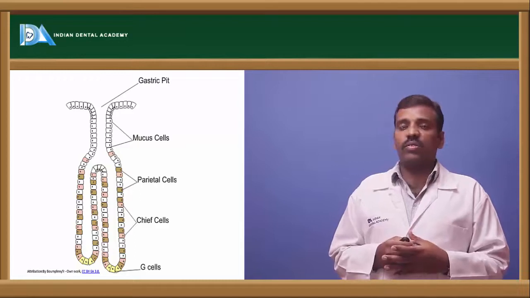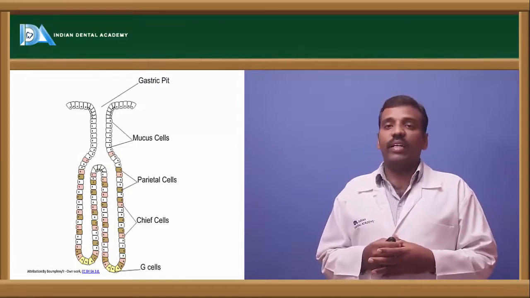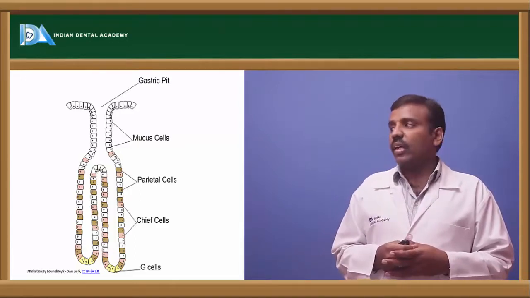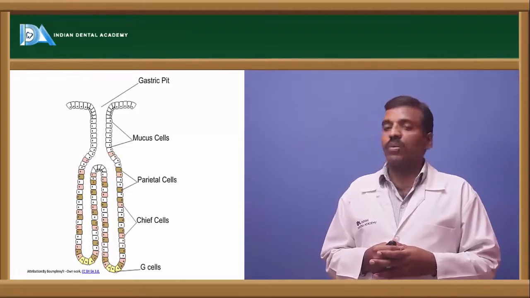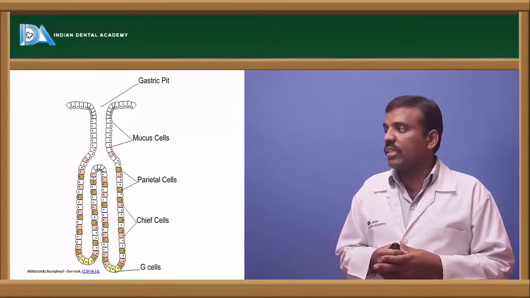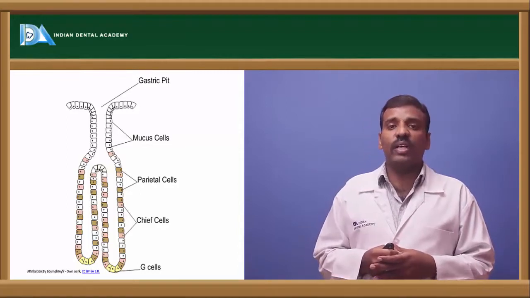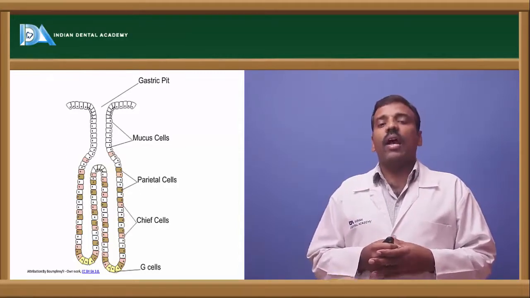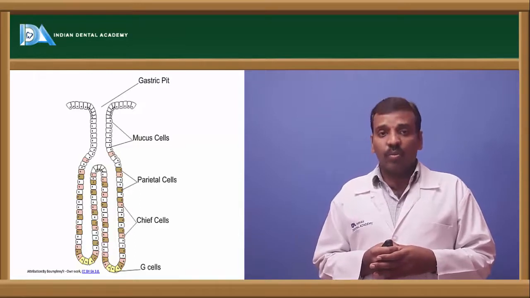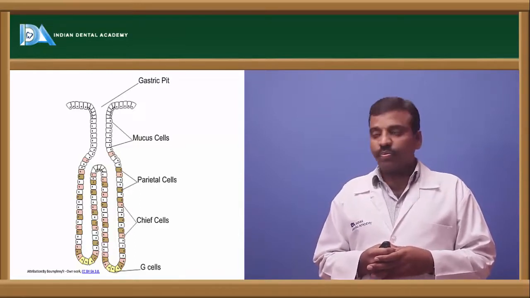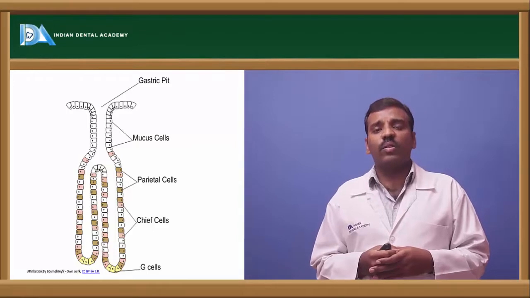Okay, if you see this structure, there are different types of cells. Majorly the gastric pit, and next mucus cells, parietal cells, chief cells, and G cells. Four types of cells are present here, which secrete different types of secretions, enzymes and hormones from the stomach. All these are present in the walls of the stomach.